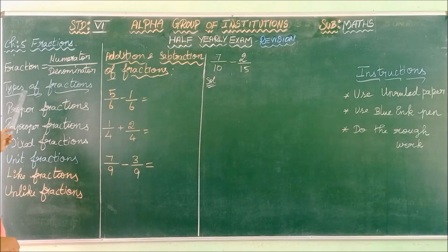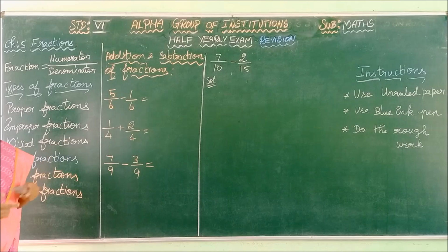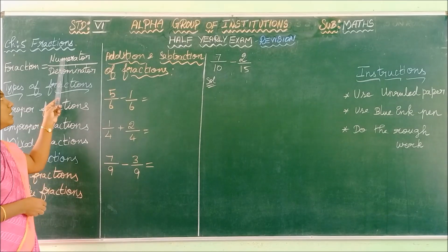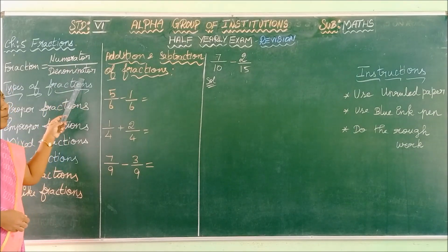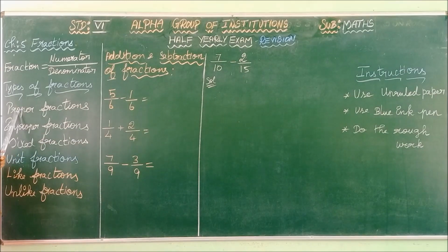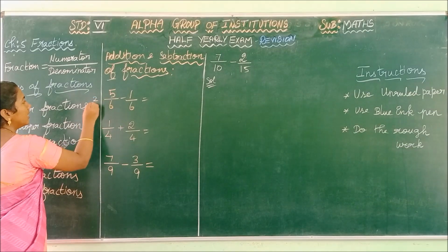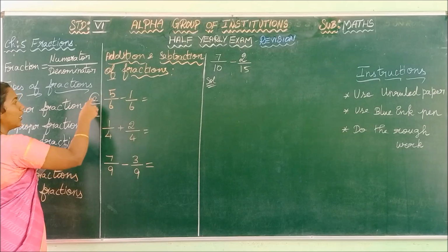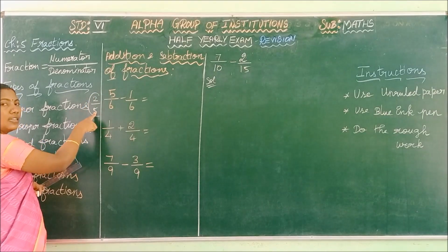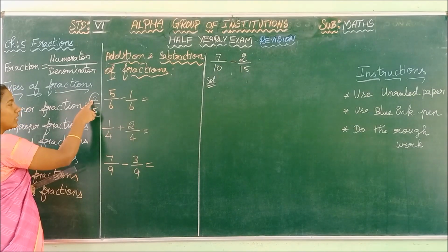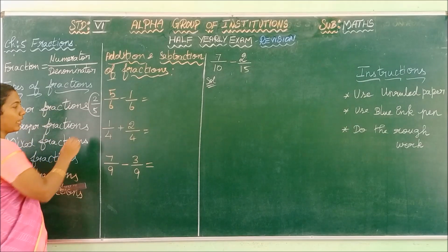Also we have discussed types of fractions. What are the types of fractions? Based on the values of numerator and denominator, we can classify them as proper, improper, mixed, unit, like and unlike fractions. What is meant by proper fraction? If the numerator is less than the denominator, such fractions are said to be proper fractions.